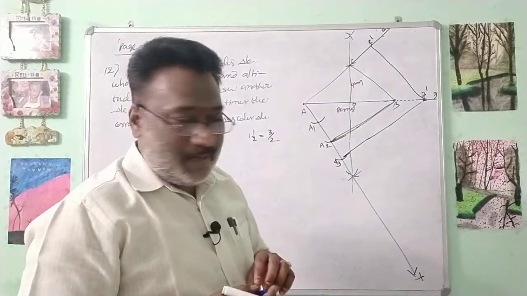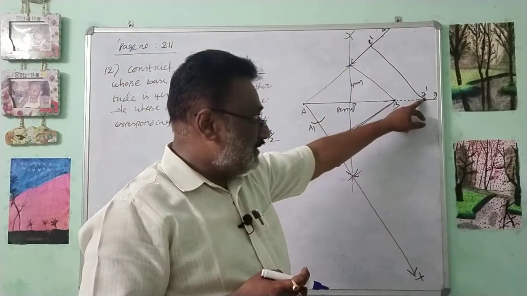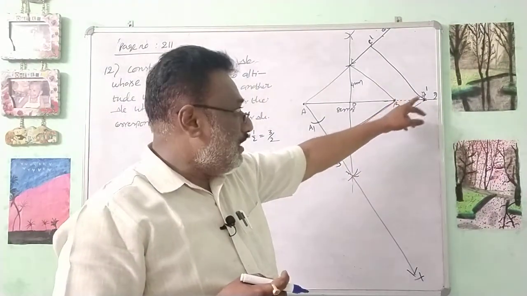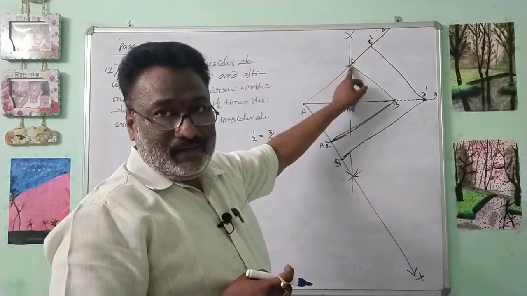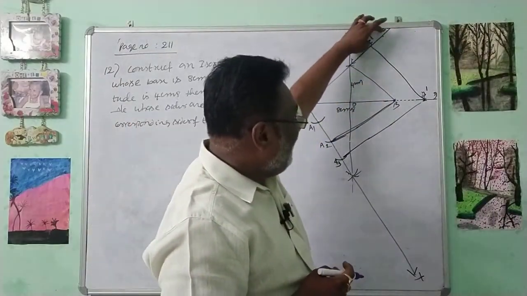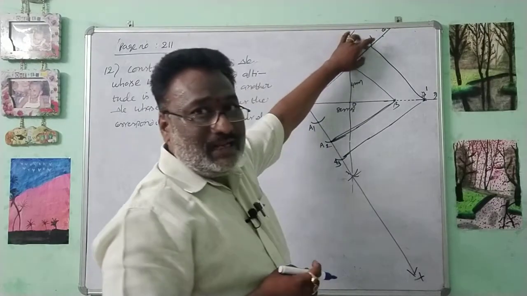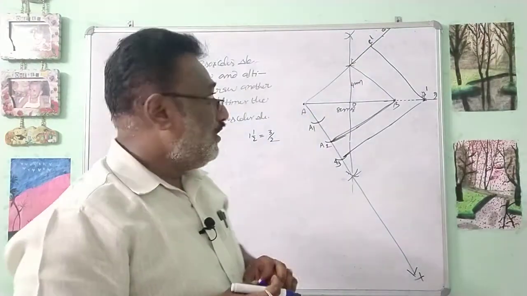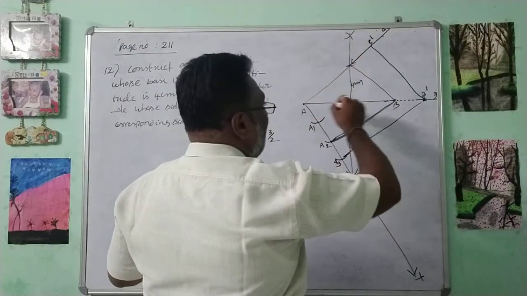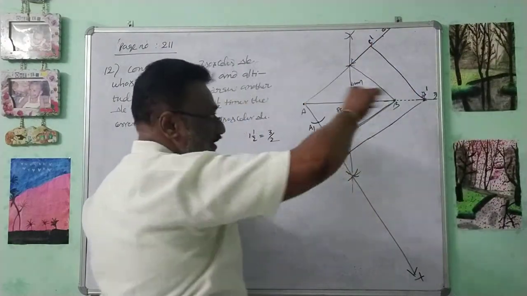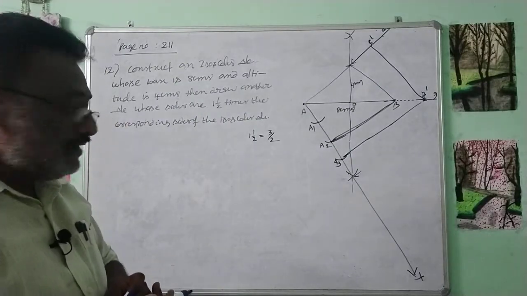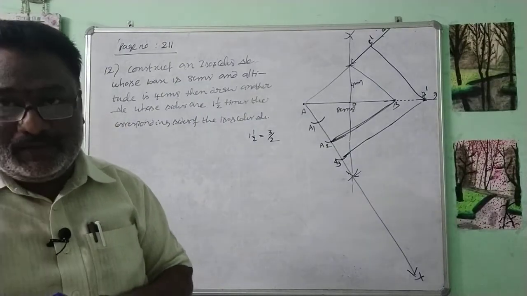Through B dash, draw one more parallel line to BC to meet the extended AC in E at C dash. After that, the triangle which you are getting newly, that means A, B dash, C dash, is our required triangle, which is 3/2 part of the isosceles triangle ABC.